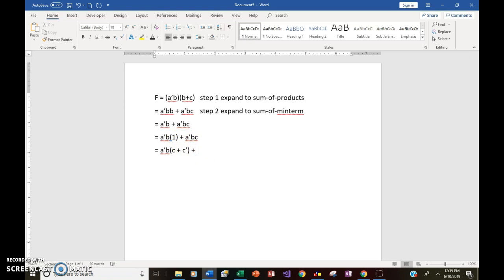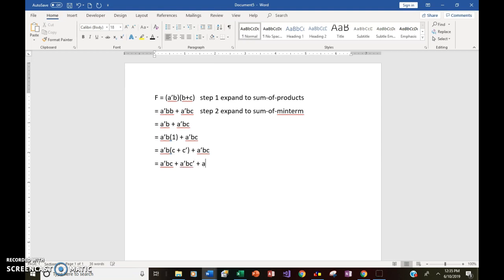Bring down the term you already have, and now expand. You have A prime B times C plus A prime B times C prime.